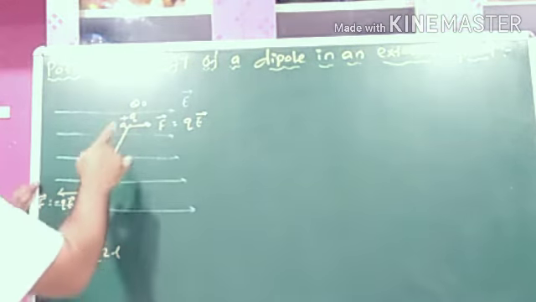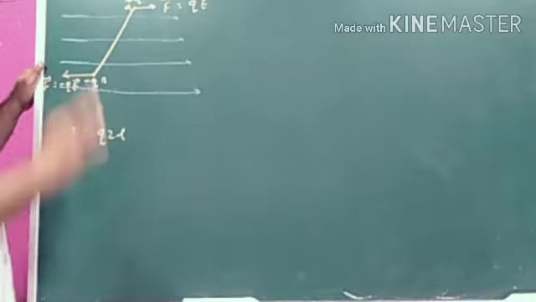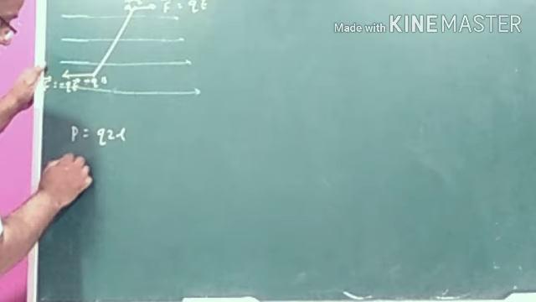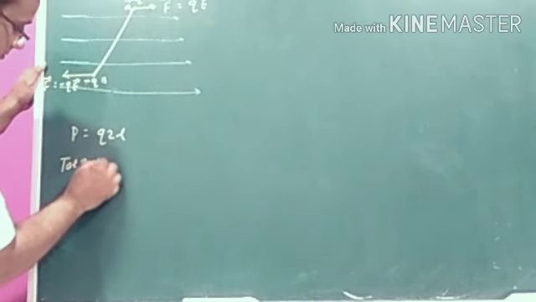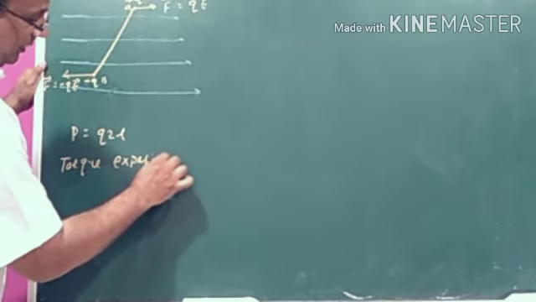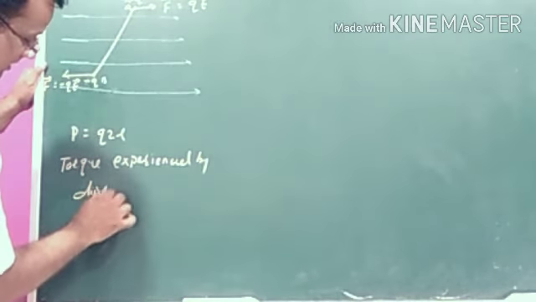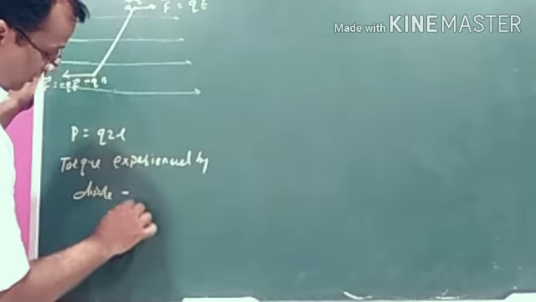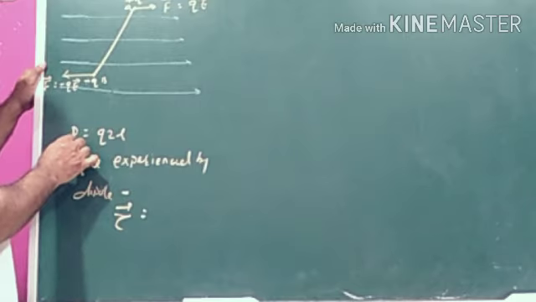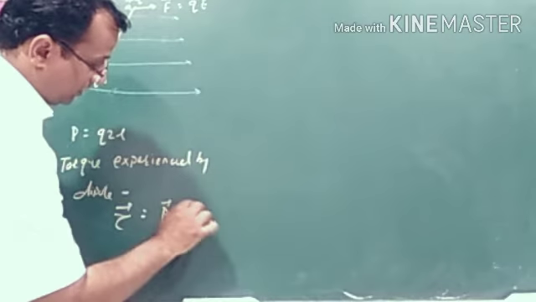The torque experienced by this electric dipole, their value is vector tau, which is equal to vector P cross vector E, where P is the electric dipole moment.